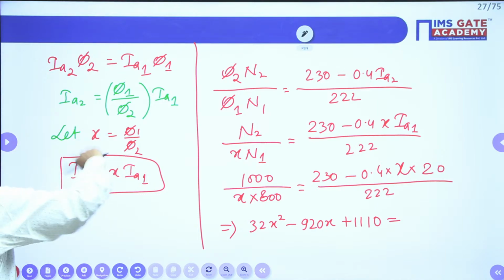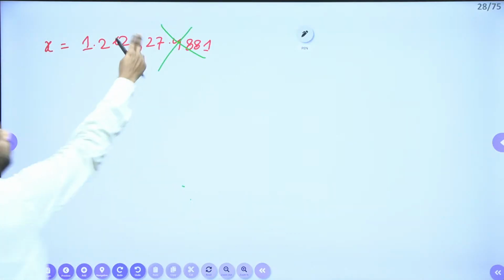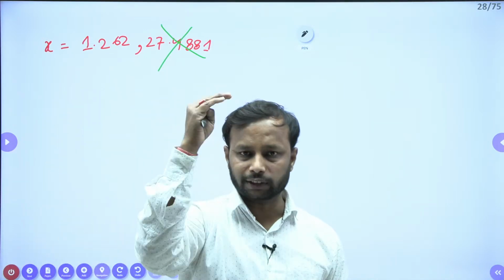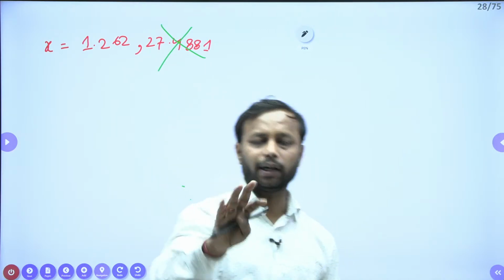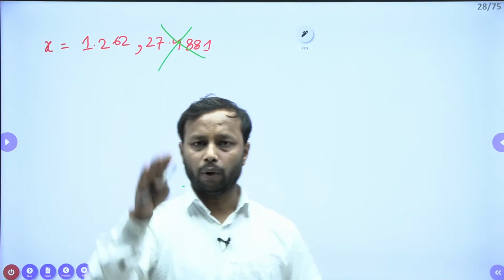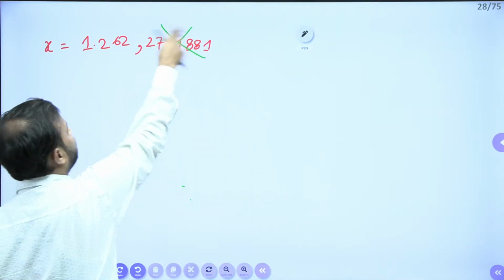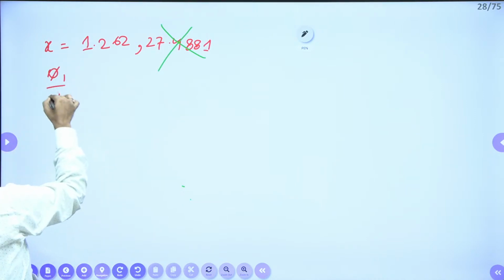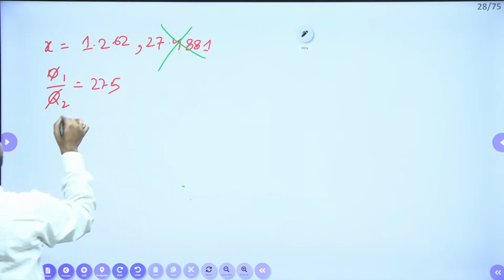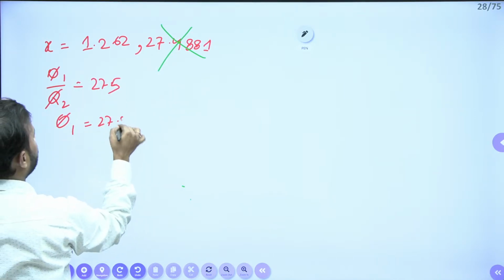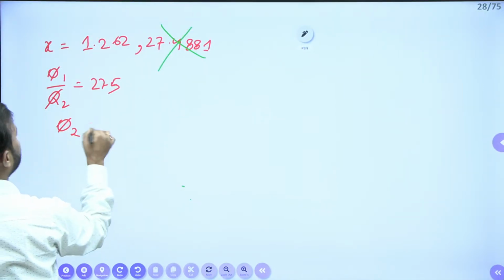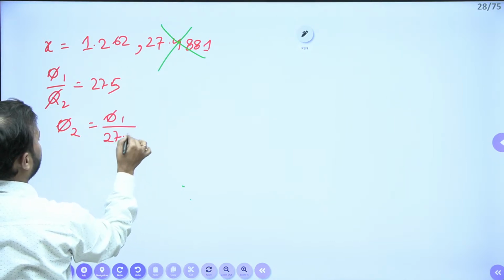Because this x would be very high, and if it is high, your speed will be very, very high. If the flux is lower, then speed will increase, because the relation between speed and flux is inverse. If x, which is phi1 by phi2, is equal to 27.5, then phi1 is 27.5 times phi2, or phi2 is phi1 upon 27.5.